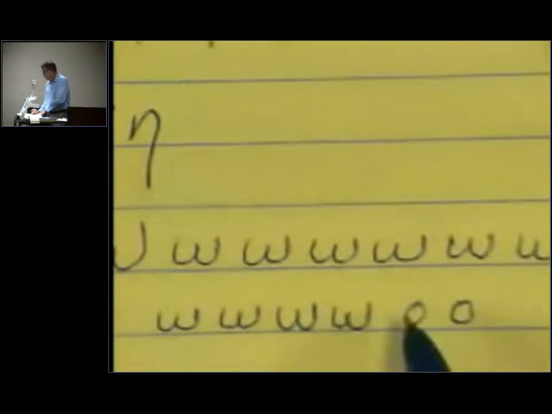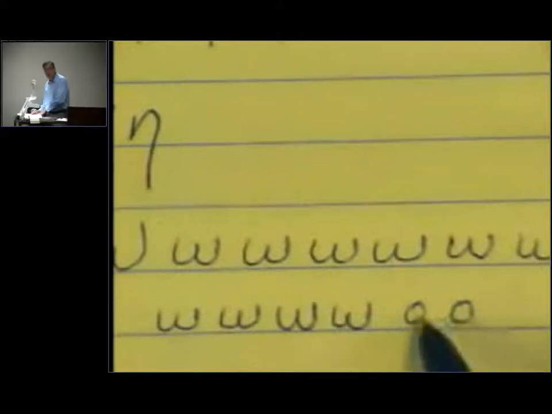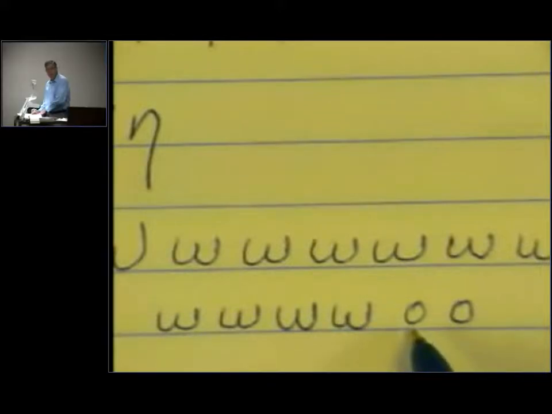If the Omicron has a long sound, O. But most of the time it has a shorter sound like A. But this one is always O.